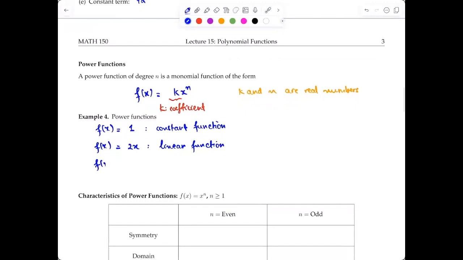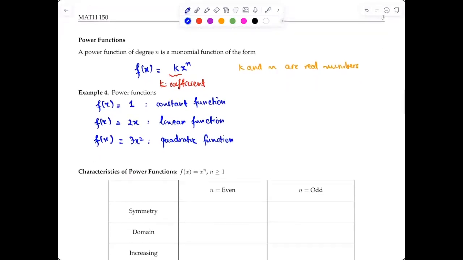You have f of x equal to, let's say, 3x squared. So this is called the quadratic function. This is also a power function. Again, x to the second power, but there is only one term in the function. So this is a power function of degree 2.